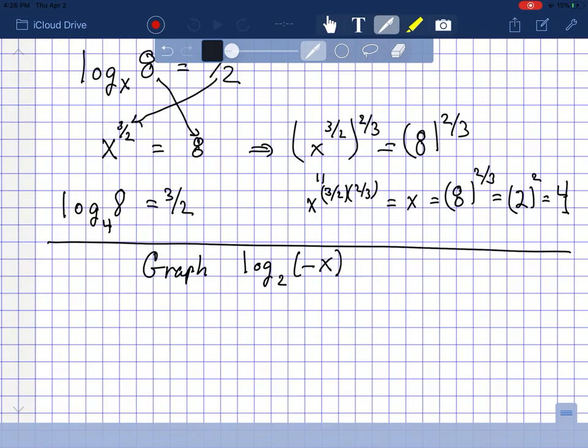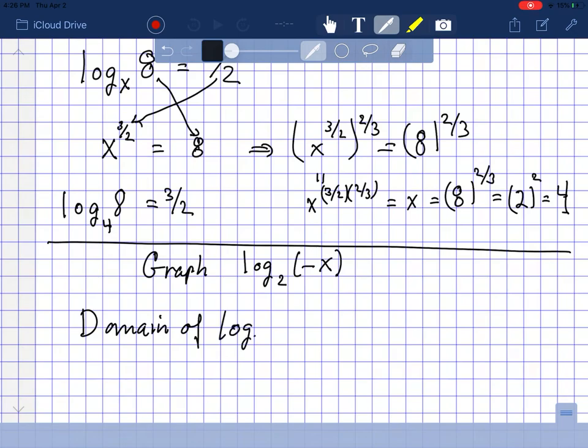In other words, what values of x can I put in here to make this meaningful? Well, we know we can't take the log of a negative number. The log function is only defined for positive numbers.